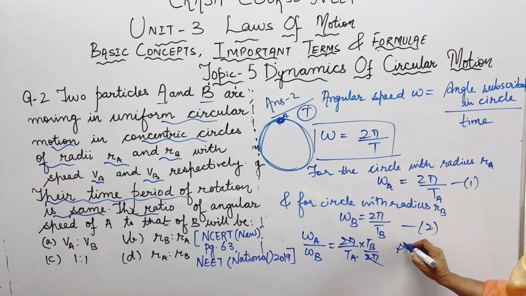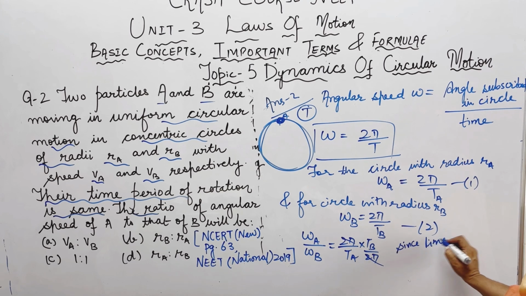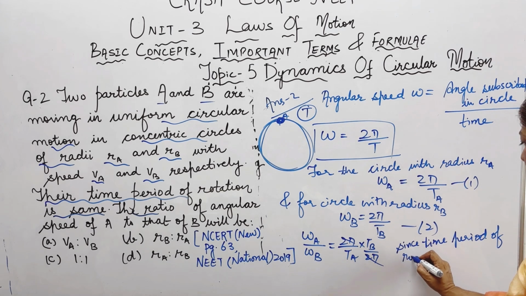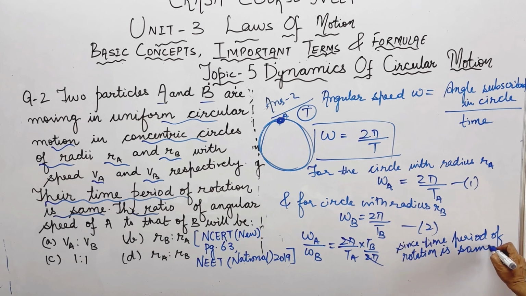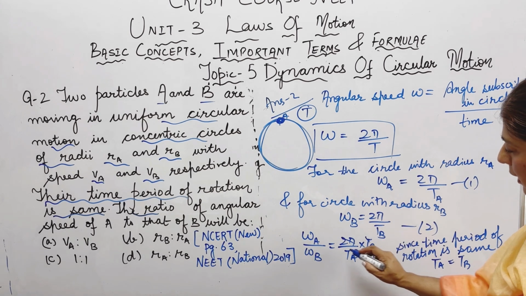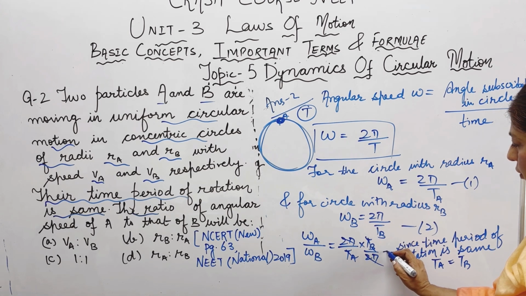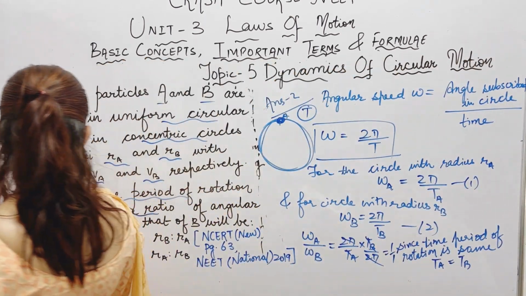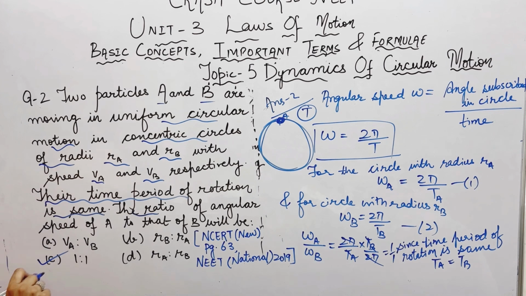Since the time period of rotation is same, it means Ta is equal to Tb, and they will be cancelled out because they are the same. So the value comes out 1:1. If we look at the options, option number C is correct. The ratio of the angular speed of A to that of B is 1:1. So the answer for the second is option number C.